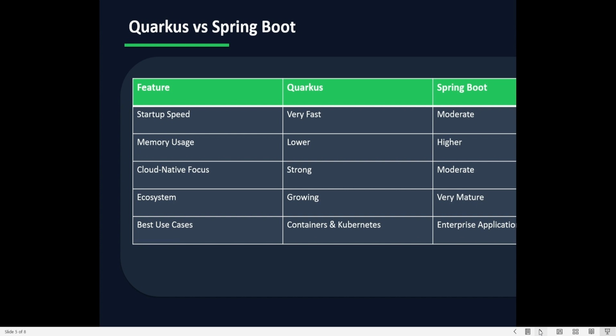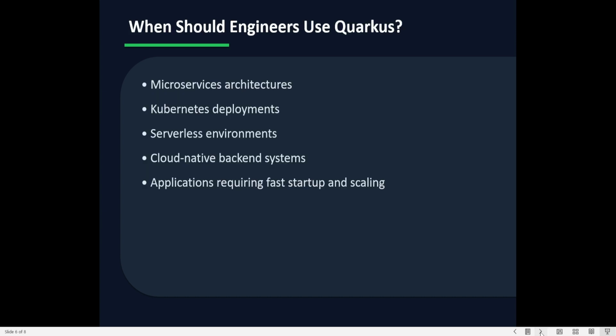But you see, Quarkus focuses much more aggressively on cloud native optimization, startup speed, and lower memory consumption. And so this makes it especially attractive for Kubernetes, containers, and serverless environments. But this discussion is not really about one framework replacing another. Different engineering problems, we all know, require different tools to tackle them.